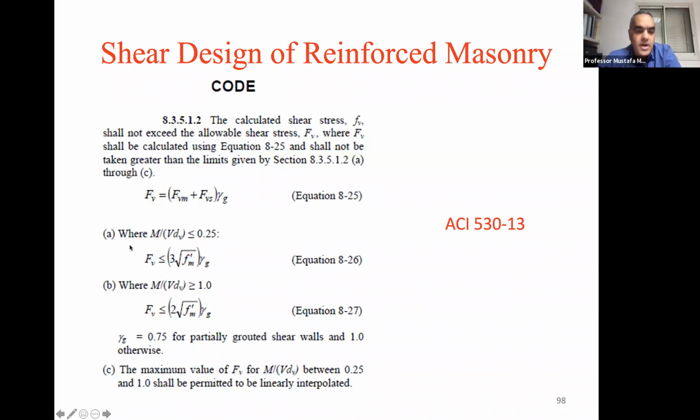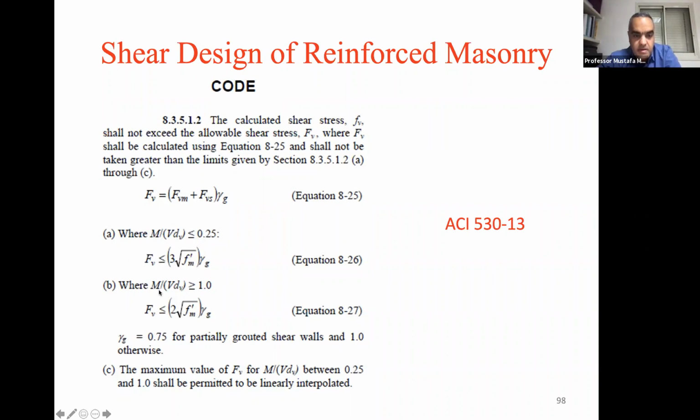Now this F sub V that we calculate here cannot exceed 3 times square root F prime m, for M over V d v, where d v is the depth used for shear, from the compressive face to the reinforcement, less than or equal to 0.25.